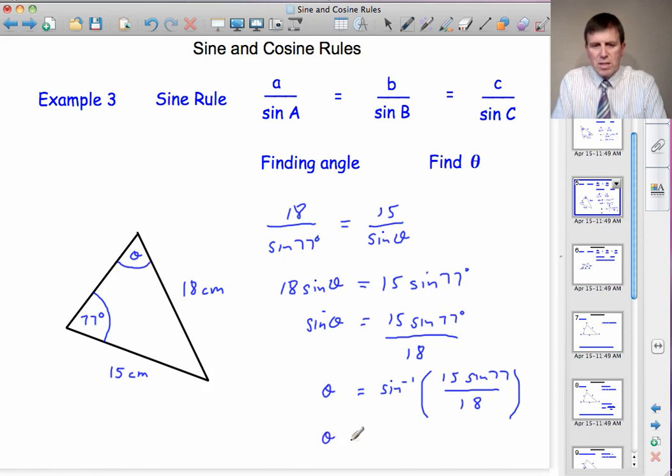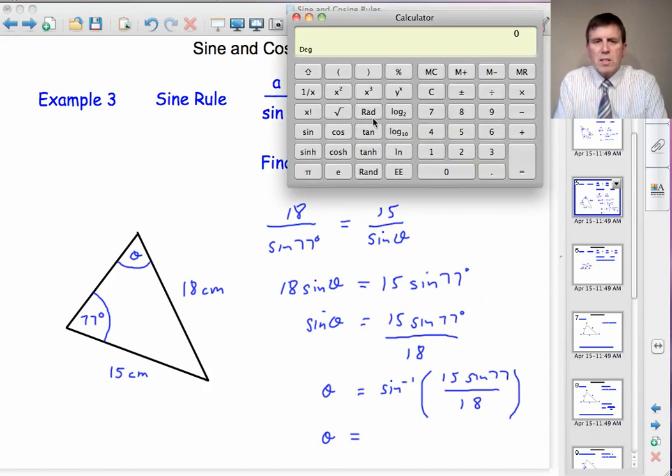So theta is equal to sine to the minus 1. I will do what's in here first. So let's find 15 sine 77 divided by 18. 15 multiplied by sine 77. On most calculators you just type in sine 77, but on this one you have to type in 77 and then hit the sine button.